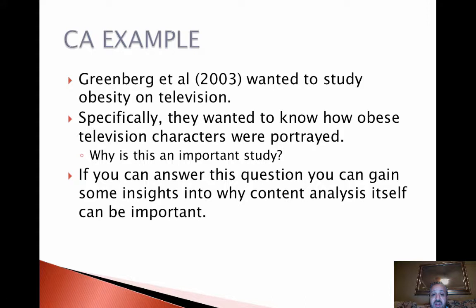This is an interesting study. It's important to know how obese characters are portrayed on TV. What if they're portrayed really negatively? Wouldn't we want to know that? Maybe they're working to, maybe unintentionally, of course, lower the self-esteem of obese people in society. So we want to know how they're portrayed on TV.